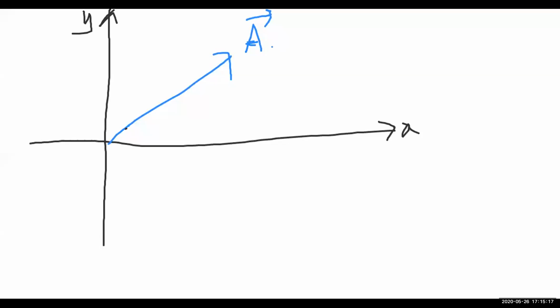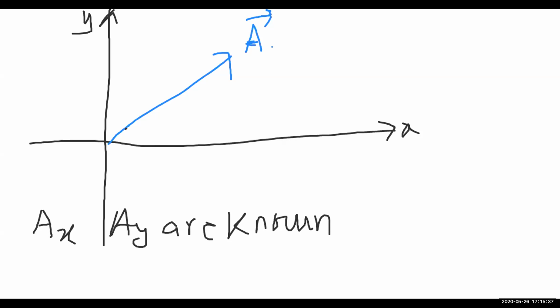So we have a vector A for which the x component and the y component are known to us.